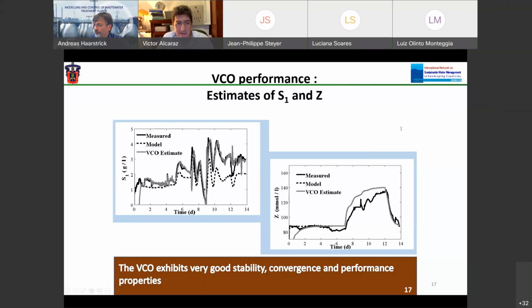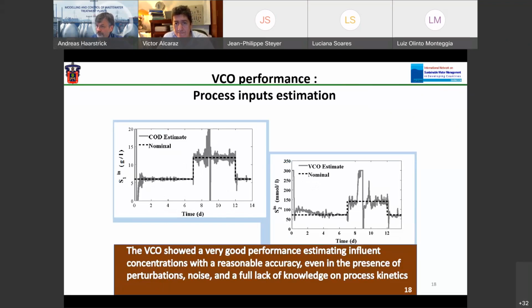In gray, the estimation given by the observer, and in solid black, the measurements, showing relatively very good convergence. Next, please. And therefore, by using this approach, here you can see the very good estimation of the volatile fatty acids and the chemical oxygen input concentrations.